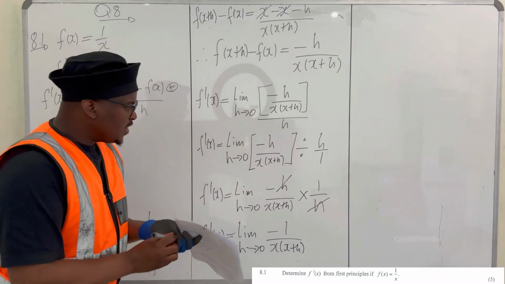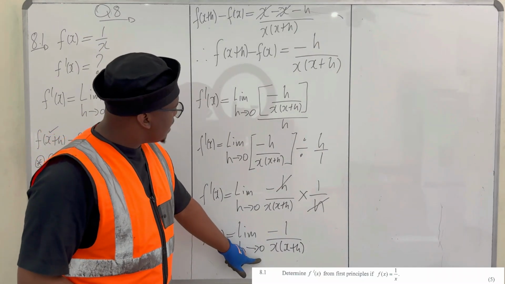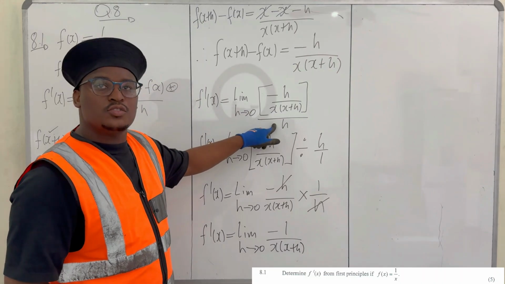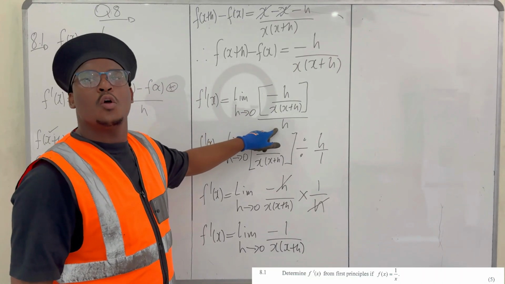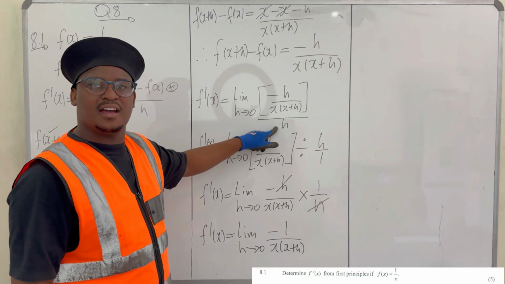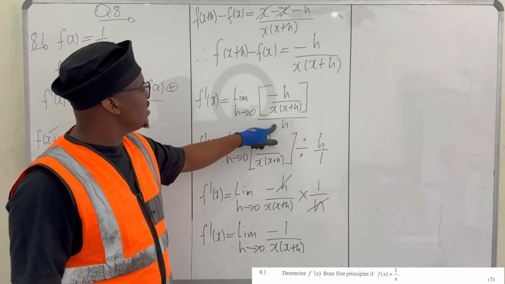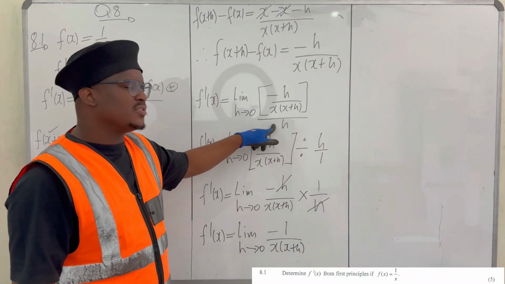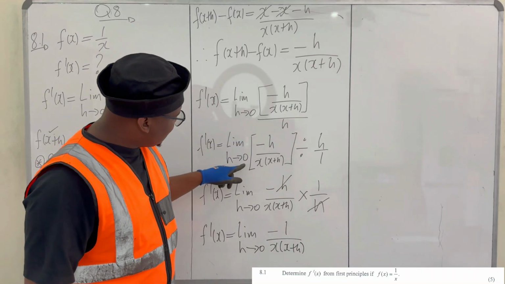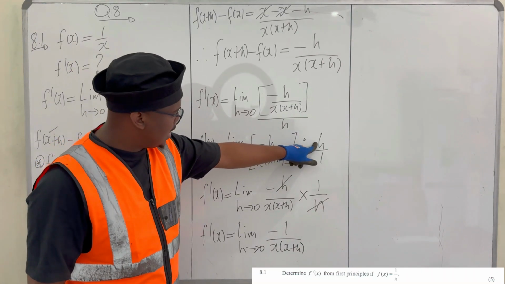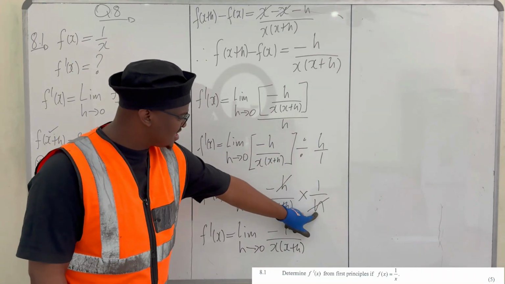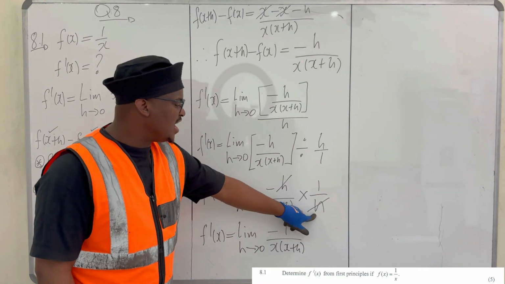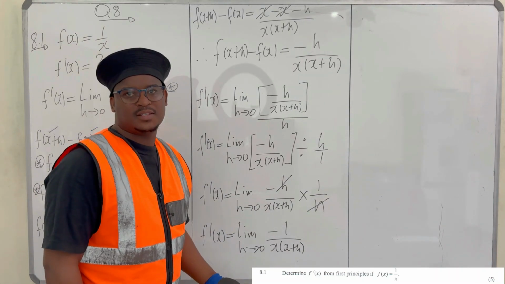So look now, the difference between this step and the step above, right? Here you couldn't allow h to go to 0 because h was a denominator, it was dividing here. If you allow h to go to 0, what are you going to get if you divide by 0? Same thing here, you are still dividing by h. So if h is 0, you are going to have problems.